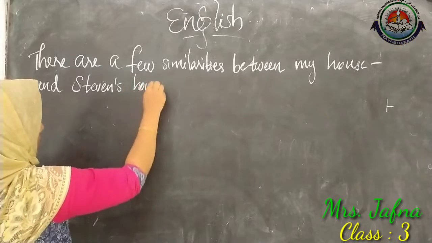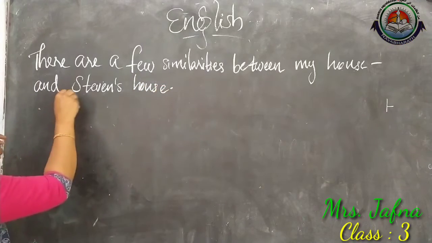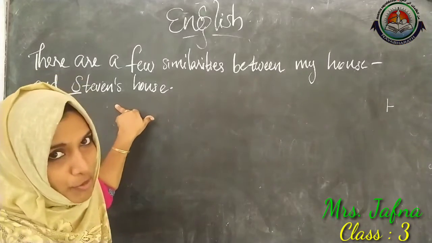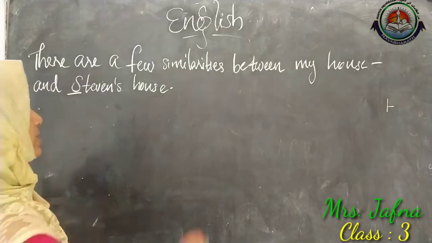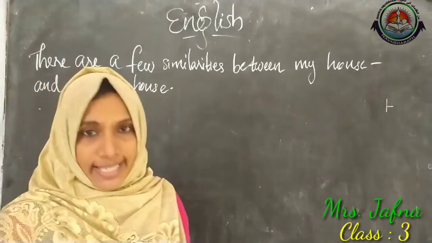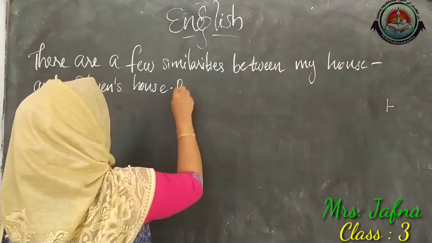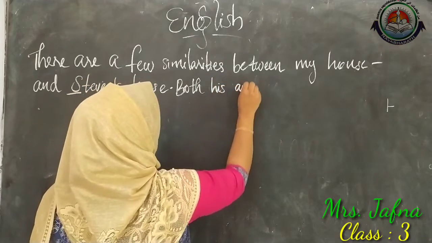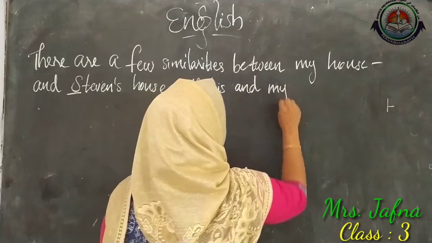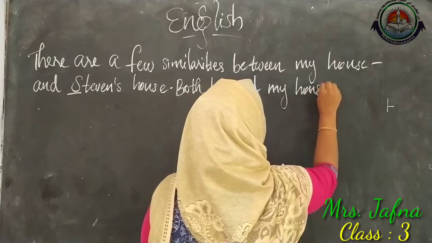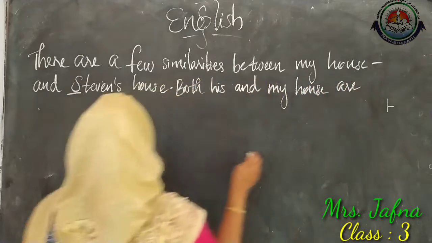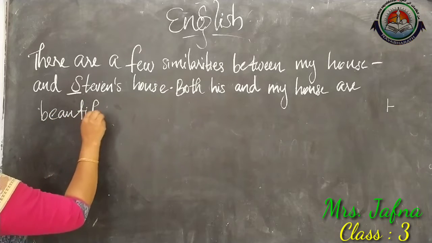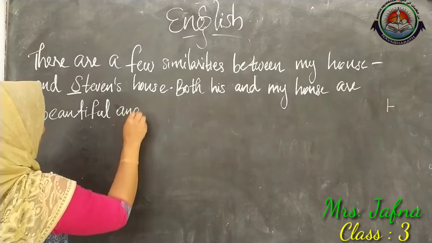See children, here the beginning letter of S should be capital because it is the name of a boy. Okay, so Stephen's house. Then which are the similarities? Yes, both his and my house are beautiful and clean.